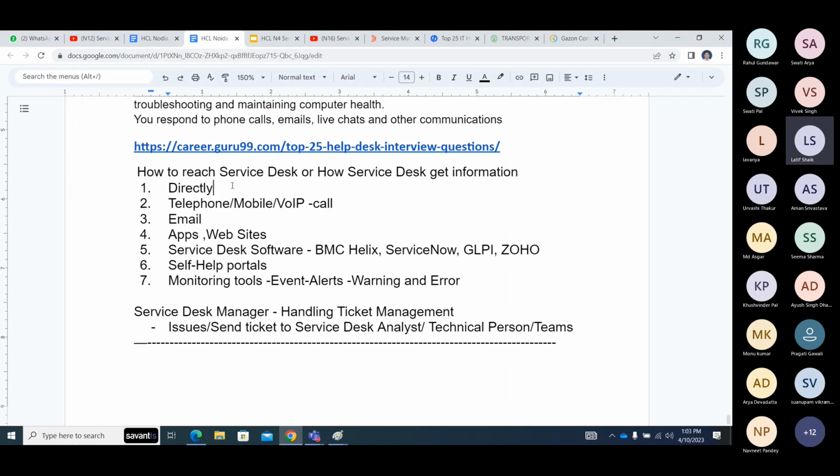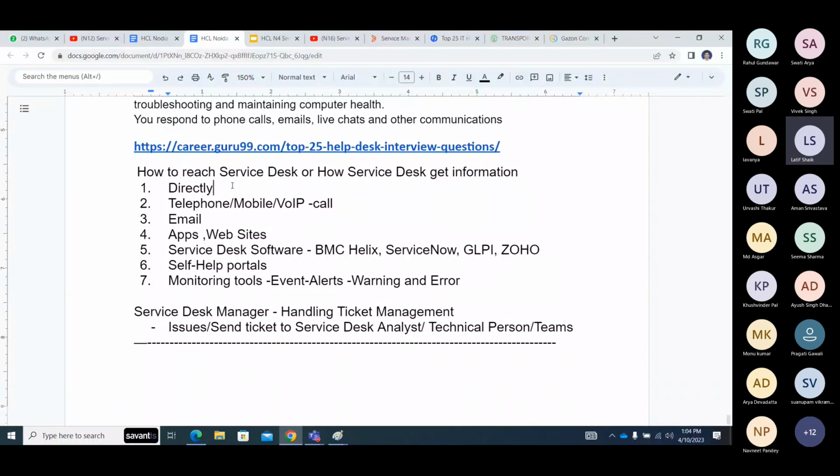So customers reach the service desk directly, or through telephone, mobile, voice over IP in organizations. In our organizations and enterprises, we use voice over IP for contacting different locations, right? Email services, apps, websites, service desk software help you reach the service desk and reach the customers.